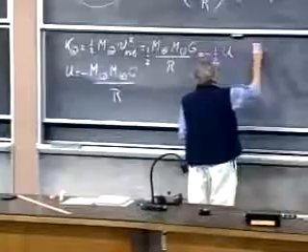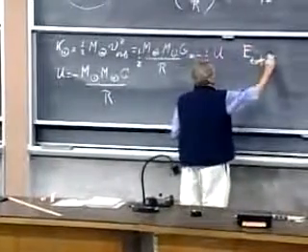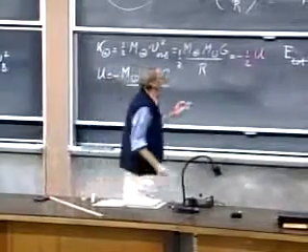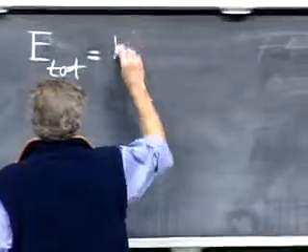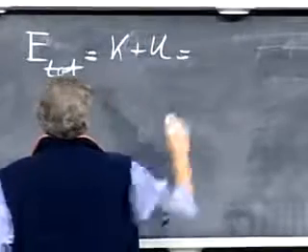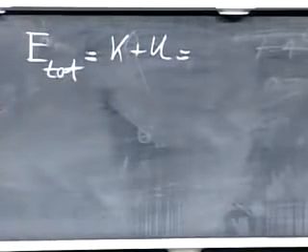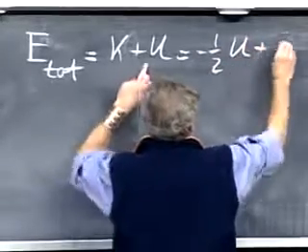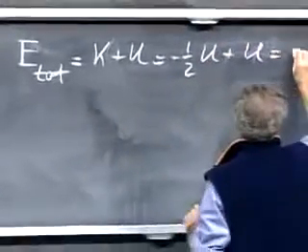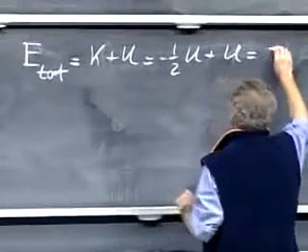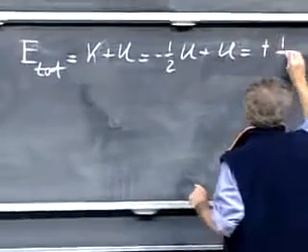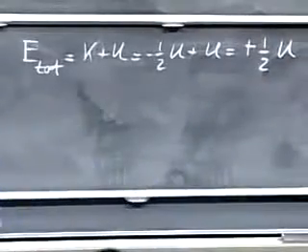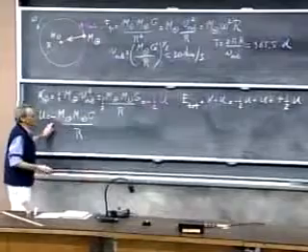What is the total energy of the Earth around the Sun? That means the sum of potential energy and kinetic energy. Well, the kinetic energy is minus 1/2 U, and the potential energy is U, and so this is plus 1/2 U. That means it's negative, because U itself is negative.